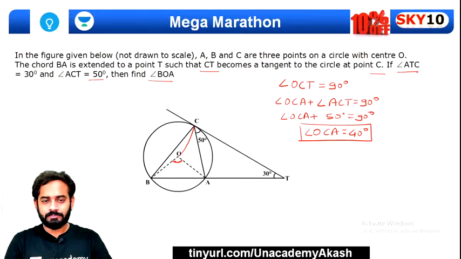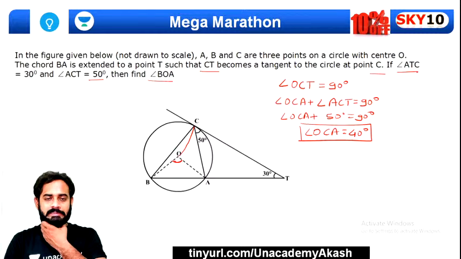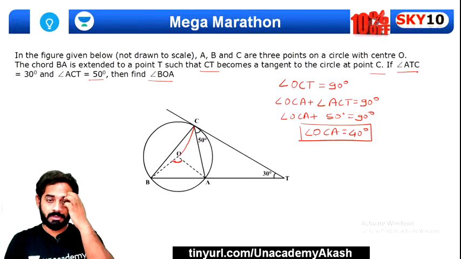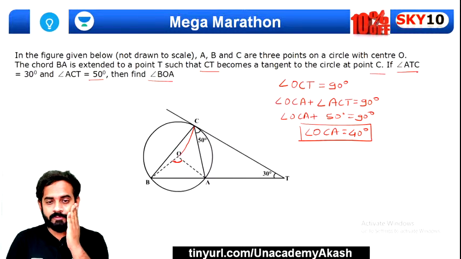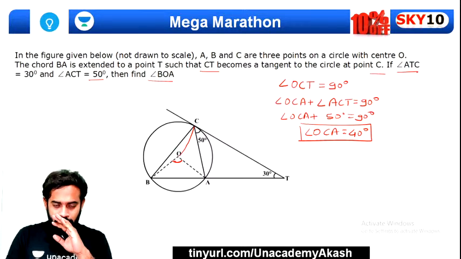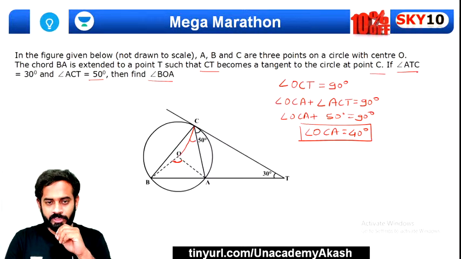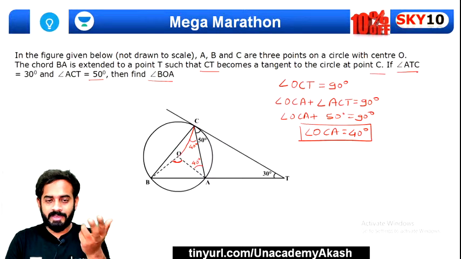Okay. Now angle OCA is 40 degree. If angle OCA is 40, then angle OAC will also be 40, because OC is equal to OA, so it is an isosceles triangle.